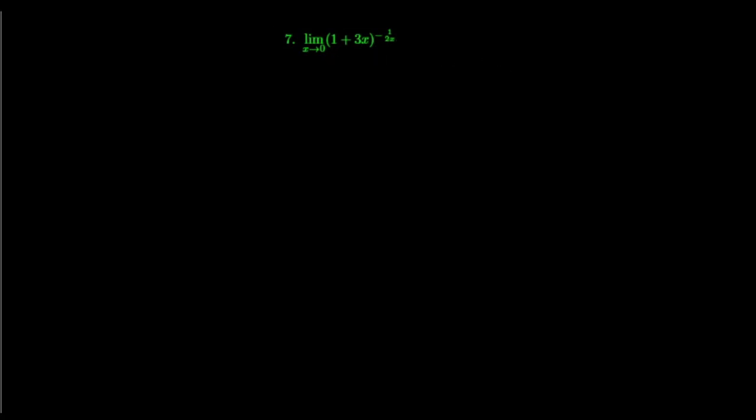In 7, we're trying to get the limit of a function of the form one function to the power of another function. In this case, the natural log will work well. I will tell you the trick. I will show you the complete solution to this one.